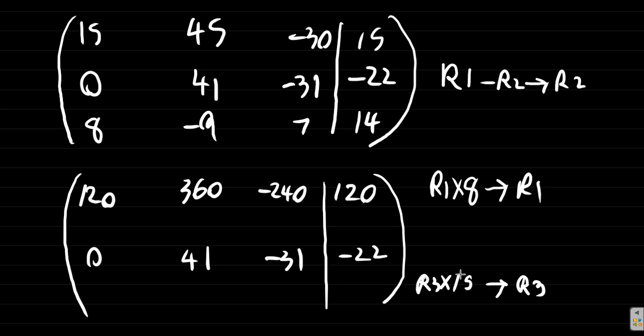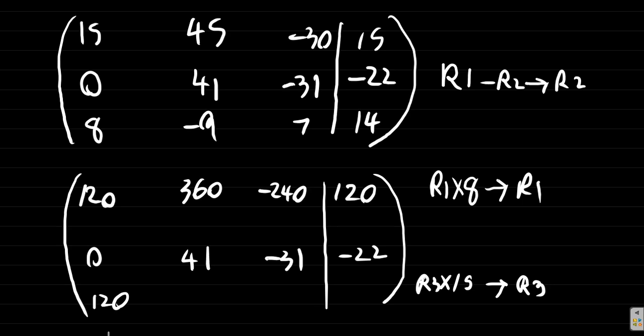Multiply row 3 by 15. So 8 times 15 gives you 120. Now remember, we want a 120 over a 120 so that we can subtract them and get a 0. We want to have the 0 in row 3. That's what we're going to do later. And let's continue.